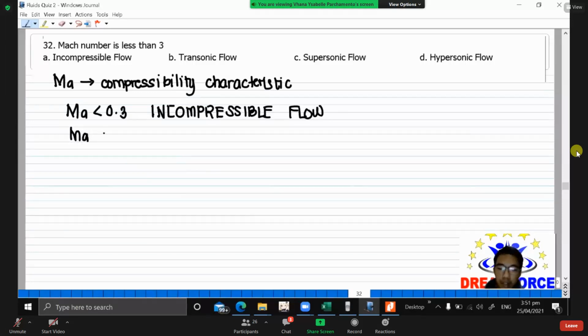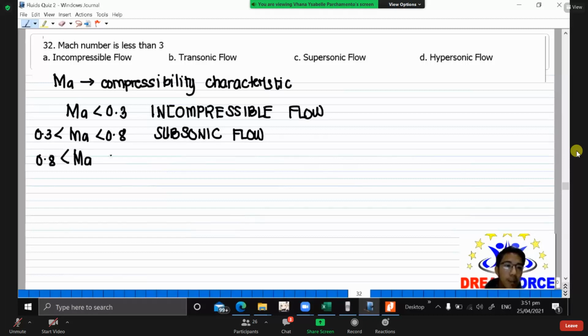Pag ang Mach number naman natin, that is greater than 0.3 but less than 0.8, ang tawag dito is subsonic flow. Okay, if your Mach number is greater than 0.8 but less than 1.2, that is your transonic flow.